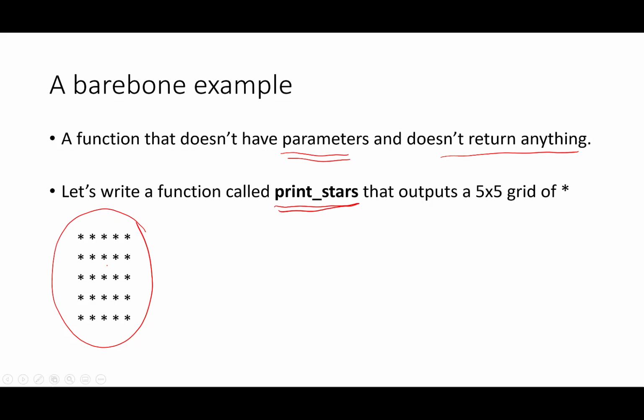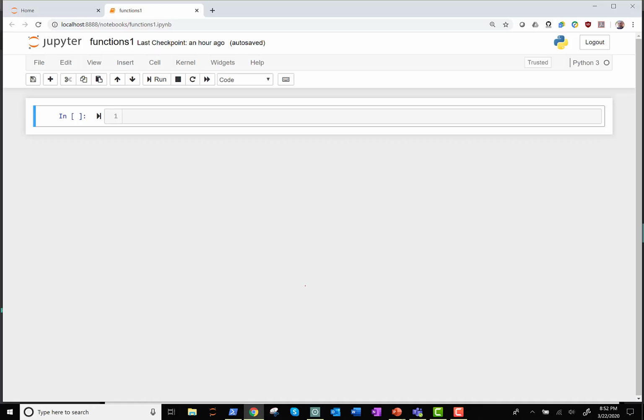So let's see how we implement this function, print_stars. Here's what the implementation is gonna look like. In order to implement a function, we introduce the def keyword, short for defining.